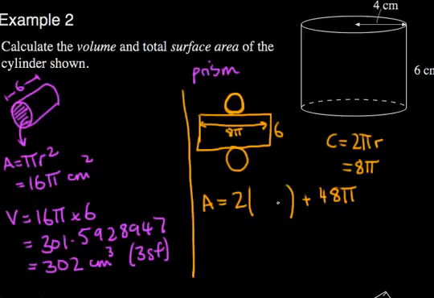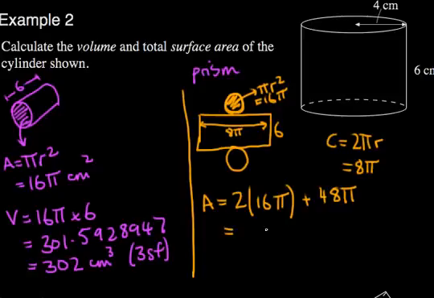Now, what goes inside this bracket? This is the area of the circle, and the area of the circle is pi r squared. Well, r is 4, so r squared is 16. So the area of each one of these is 16 pi. So that's what I'm going to place in this pair of brackets.